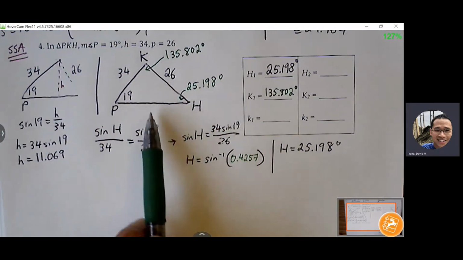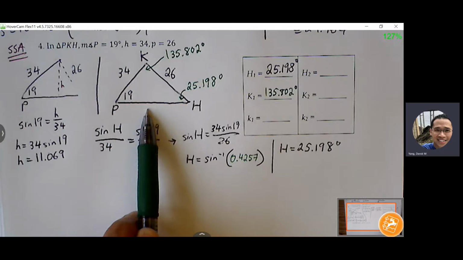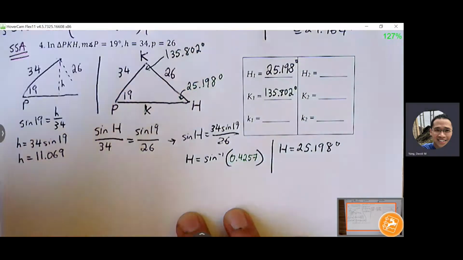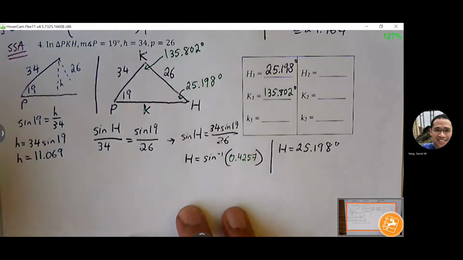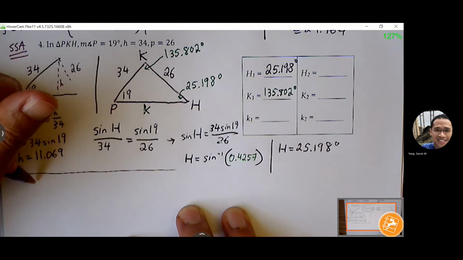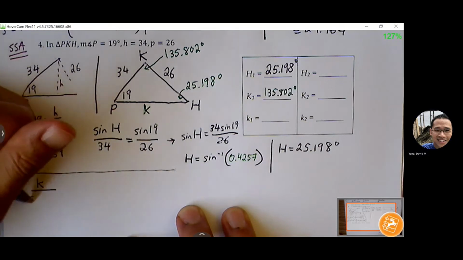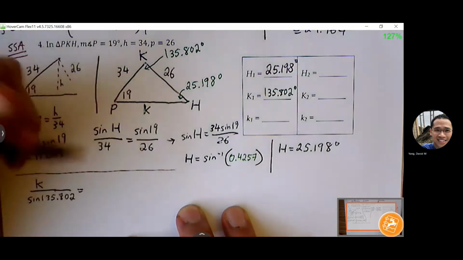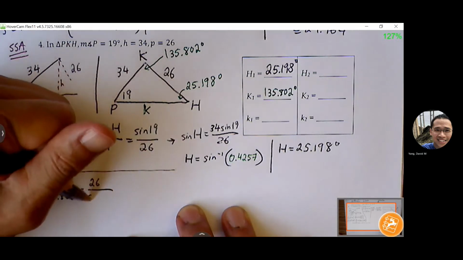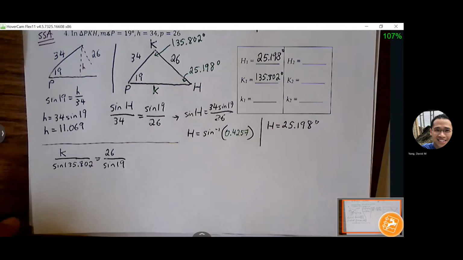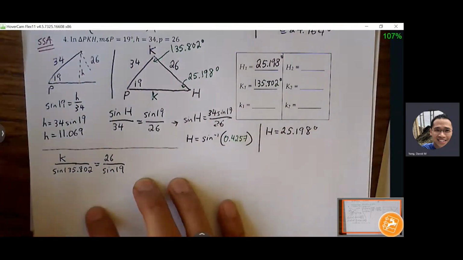And now I still need to look for that missing side K, so we want to involve law of sines again. Cross multiply, solve for k.